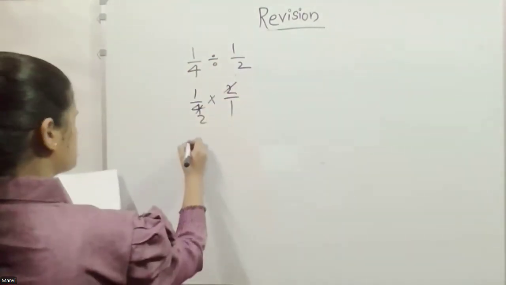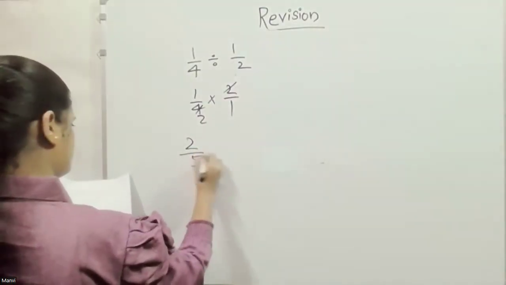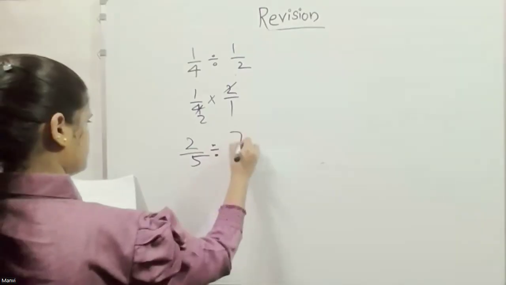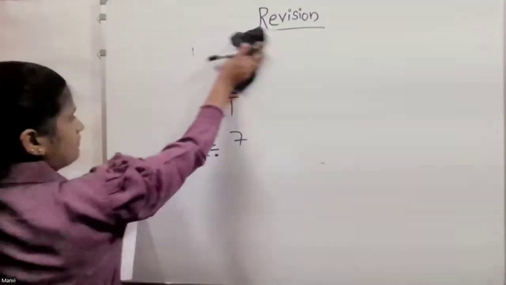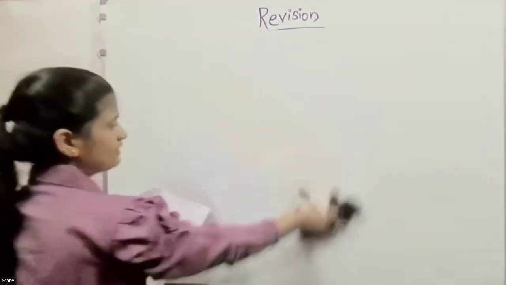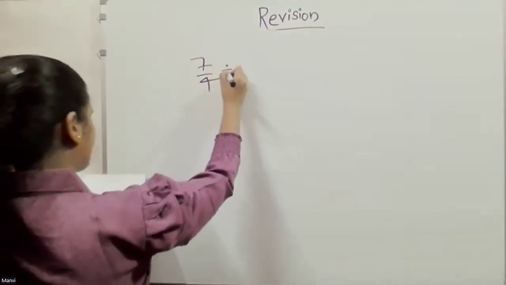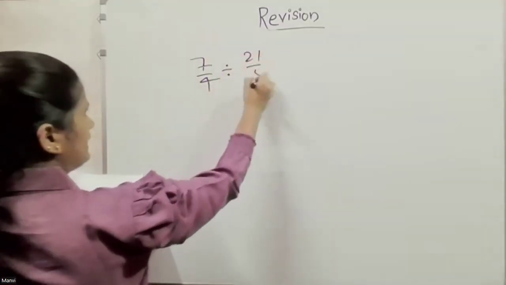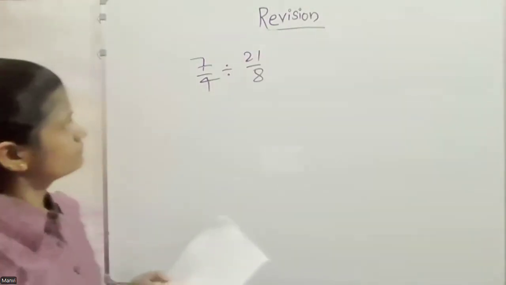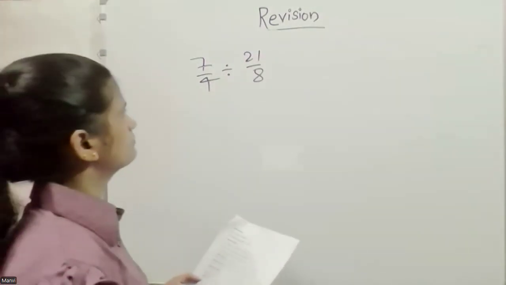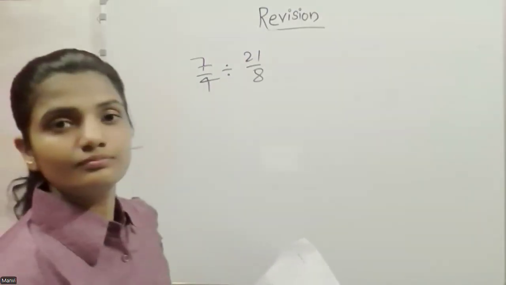Very good. Now try this. Here is my question to solve. Let me write it here: 7 by 4 divided by 21 by 8. Wait, can you divide the ones in the bottom?